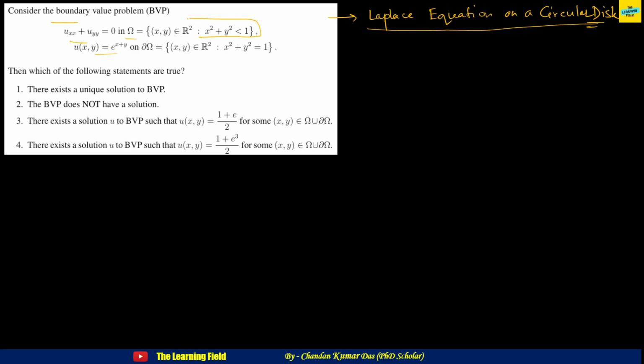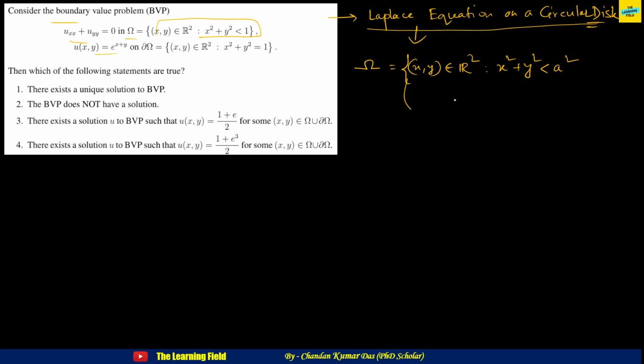After watching these types of boundary conditions, the most common form of this equation is like this: the domain is defined as Sigma equal to the set of (x, y) belonging to R^2 such that x squared plus y squared is less than a squared.